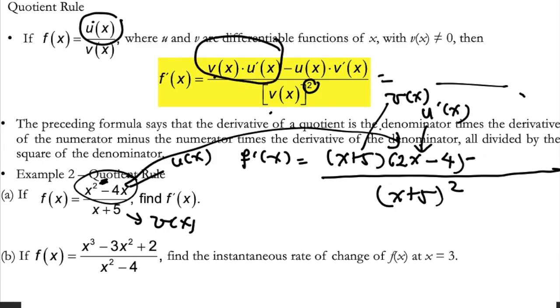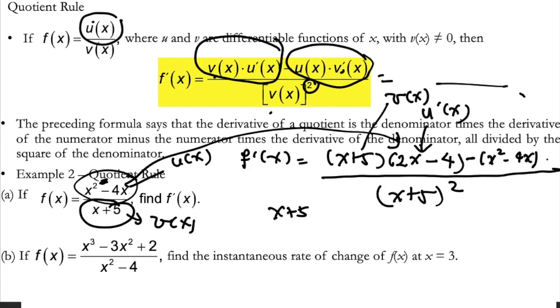Now minus. Let's do this bit. You rewrite again u(x) as usual, x squared minus 4x, but you differentiate v(x), which is this. When you differentiate x plus 5, x becomes 1, and 5 becomes 0. Let me write it clearly because otherwise you can't see.